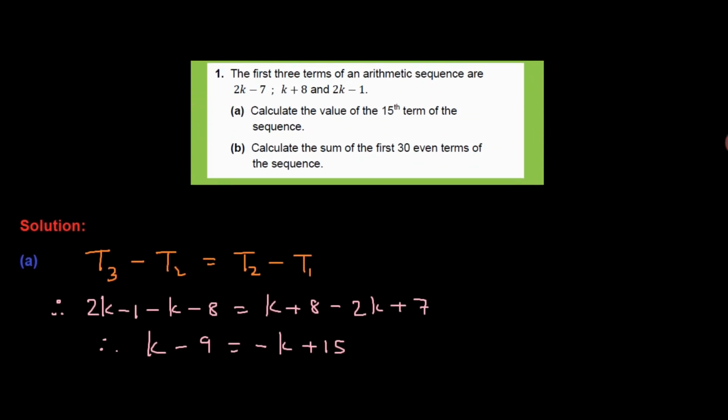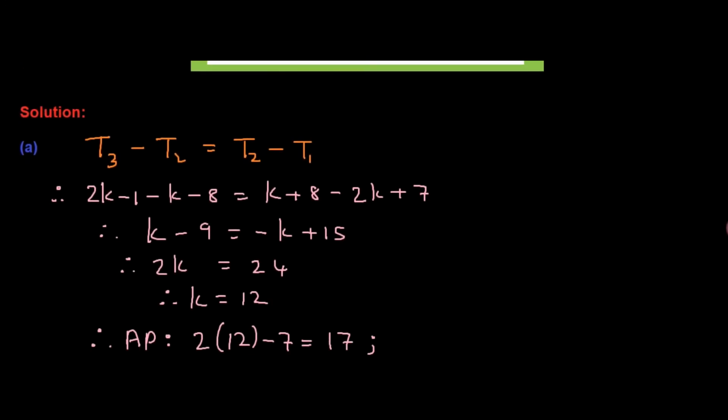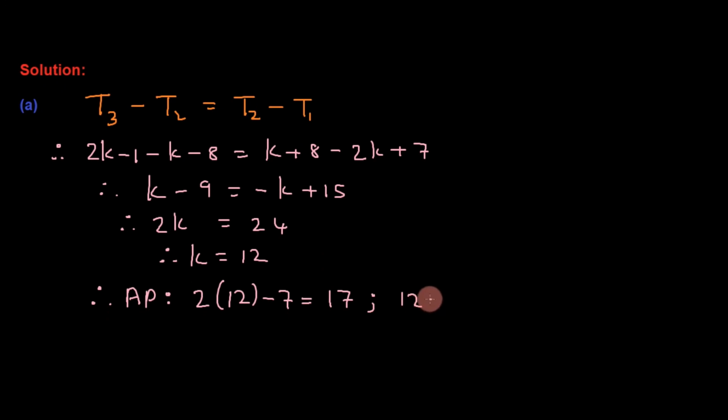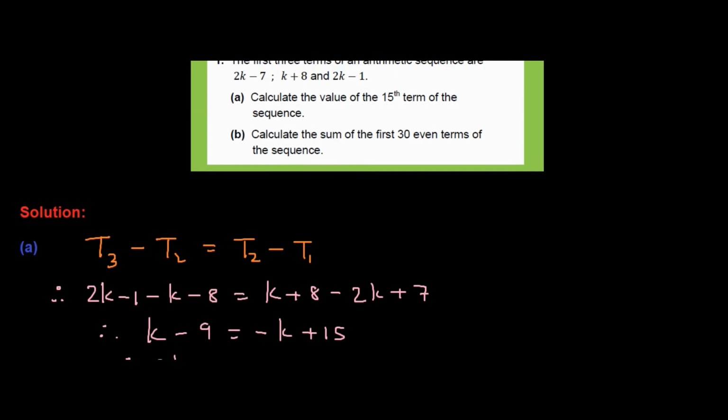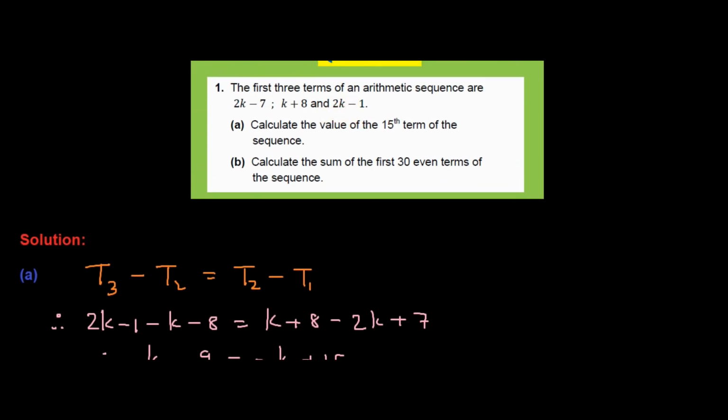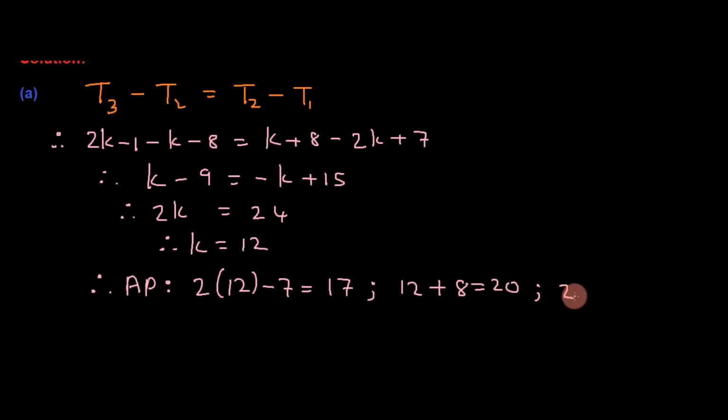The second term is k plus 8, so it's 12 plus 8, which is 20. And the third term is 2k minus 1, so 12 times 2 minus 1, and this is equal to 23. So the AP then will be 17, 20, 23, etc.